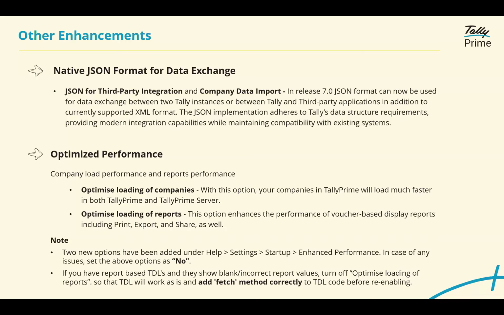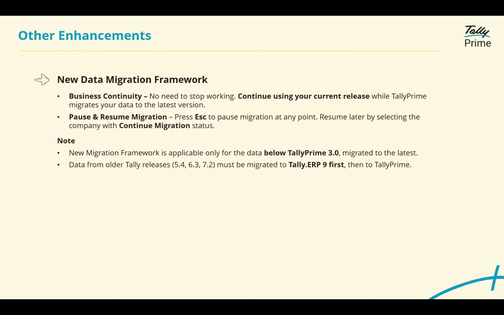So you will feel a difference while printing the report, while exporting the report, or while loading the report, it will open a bit faster now, right? And we have a new data migration framework. If you have a release below 3.0, that means you will have a 5-digit data folder with you.